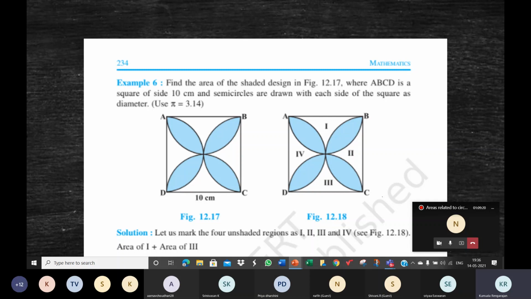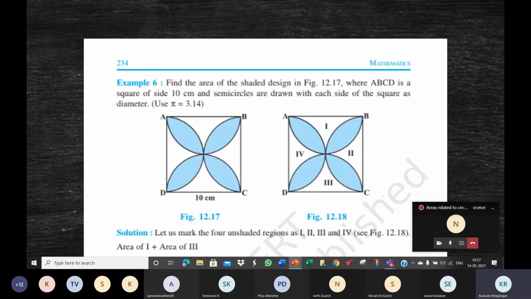So the unshaded regions are 1, 2, 3 and 4, whose area is, for example, 40 centimeters square. So now from the area of the square ABCD, if you take away the area of the unshaded region, 40 centimeters square, you will get the area of the shaded region.